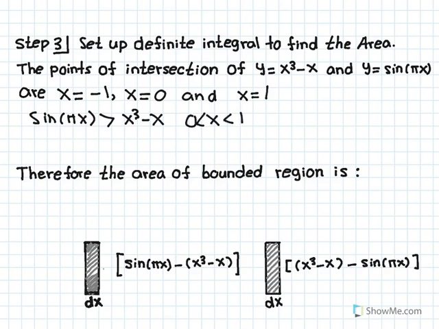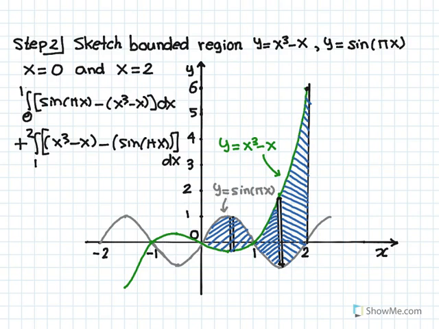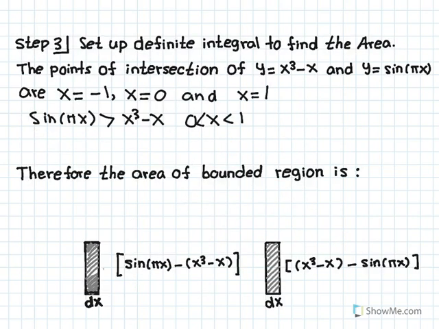We can see that from the diagram. When x is between 0 and 1, the sine function is on top and the cubic function is at the bottom. Similarly, when x is between 1 and 2, the cubic function x cubed minus x is larger than the sine function, sine of pi x.